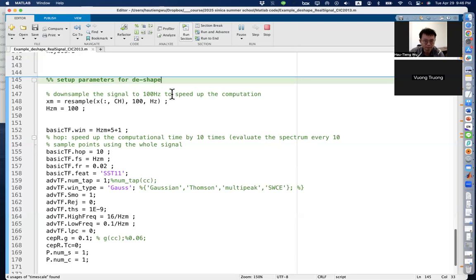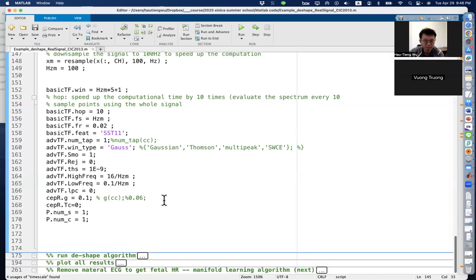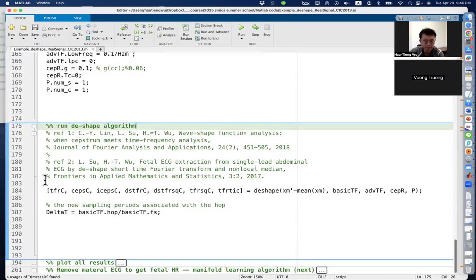So let's run it. Okay, I set all the parameters. This is the same as before when we played with the simulated data. And then we run the Dshape algorithm. That is exactly the same as before.